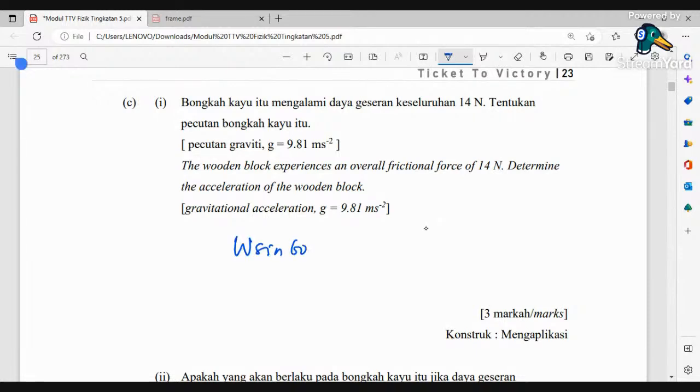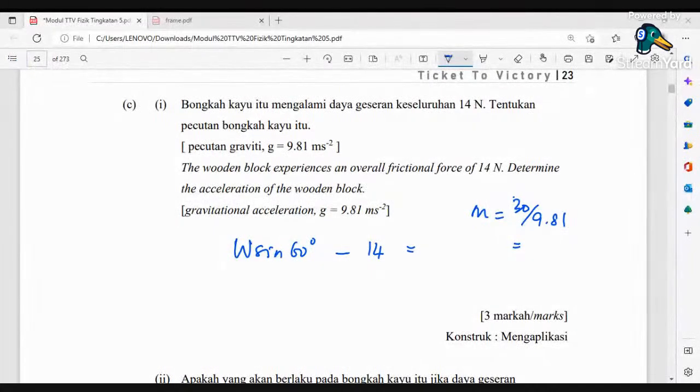W sin 60 minus friction equals to ma. Weight is 30 Newton. We need to find the mass of the block. M equals to 30 divided by 9.8. So we get 3.06.